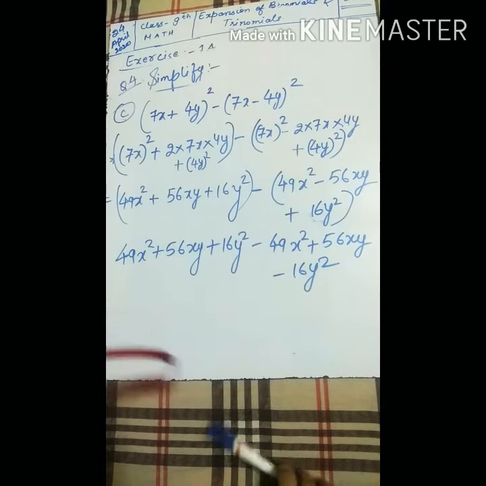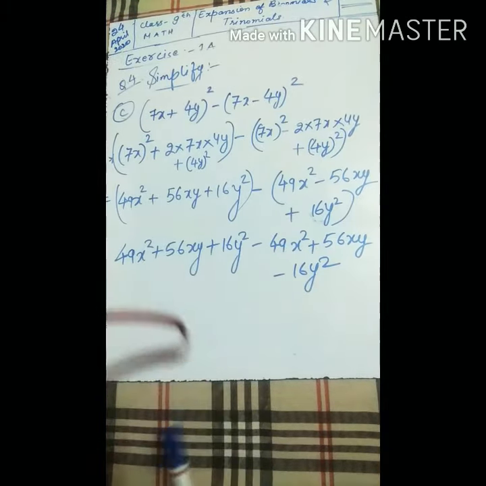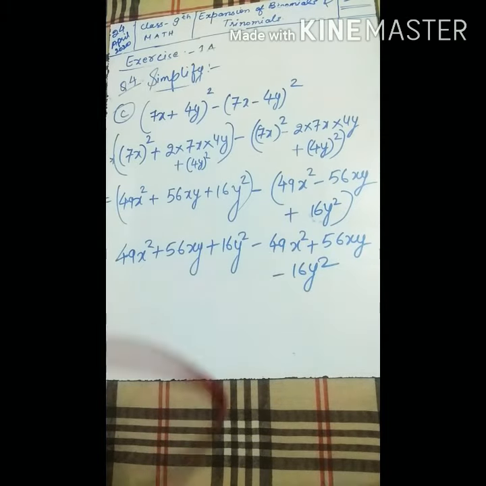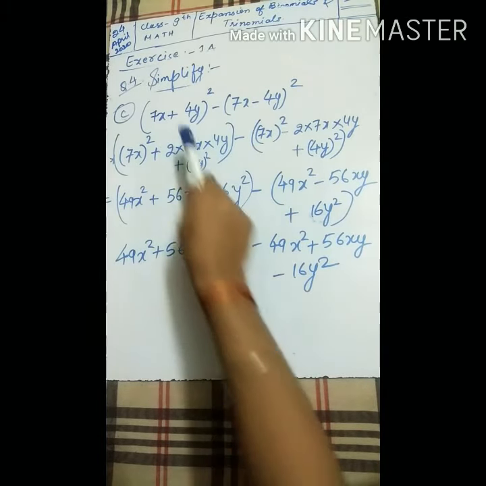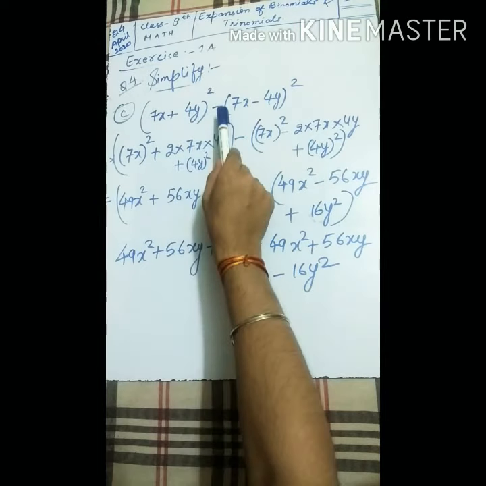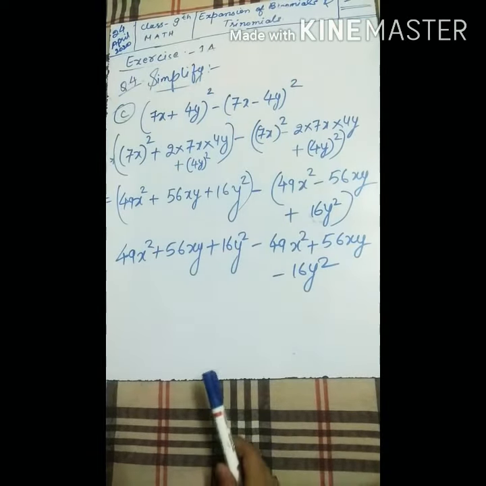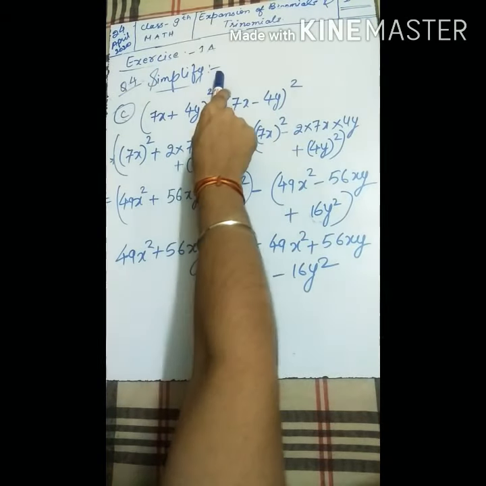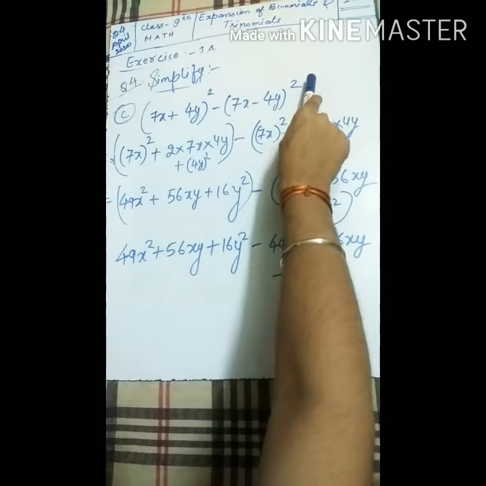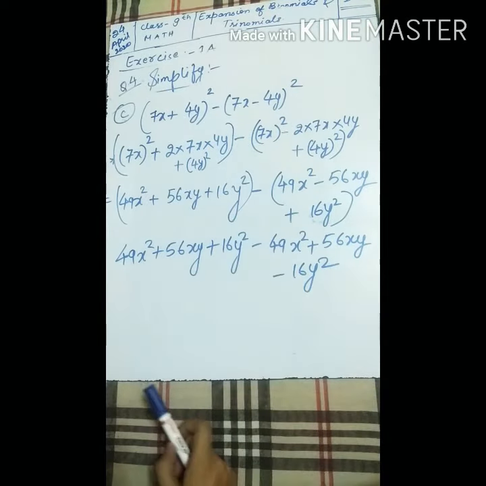Now let us start the fourth question. We were doing the C question, I'm trying to say, let us do the C question. That question says 7x plus 4y whole square minus 7x minus 4y the whole square. So here the same we are going to use. First we are going to use the a plus b whole square identity, then the a minus b whole square identity, and this minus sign as it is.